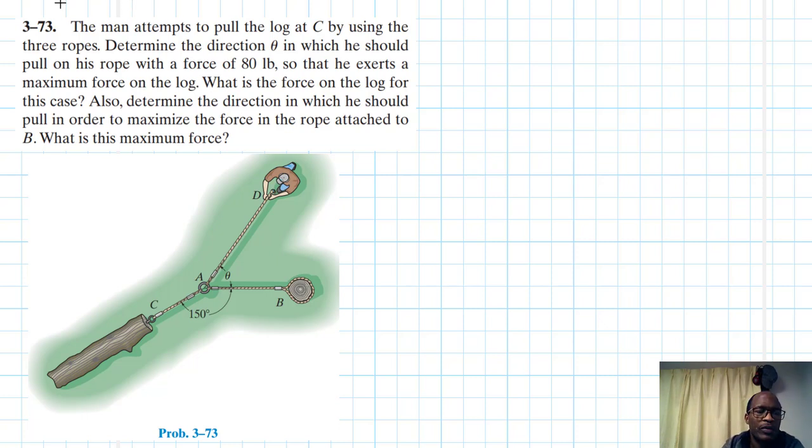Alright, so first things first, we are going to draw the free body diagram, but before we do so, let's section these cables that have been used to pull this particular log.